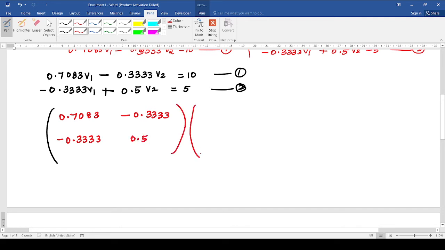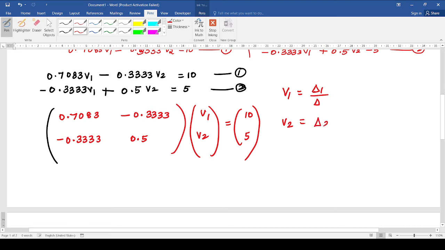Here write V1, V2, 10, 5. Have to write like this. And next find out the voltages V1 and V2. What is the formula? Delta 1 by delta, that is V1. What is V2? Delta 2 by delta. In this way, we can find out the values.